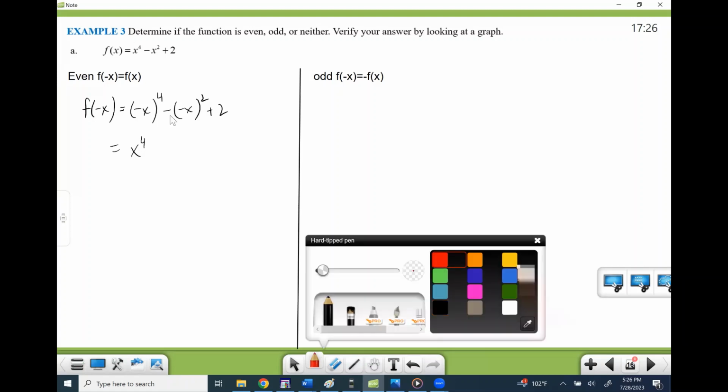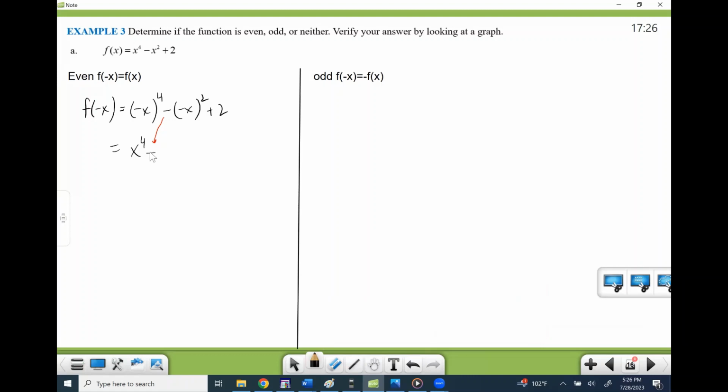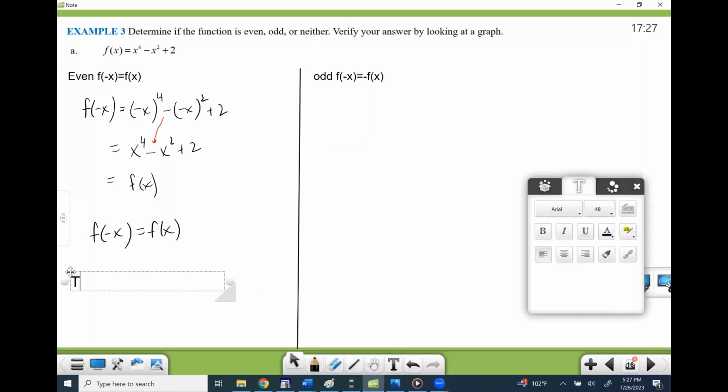I'm going to bring down this negative sign. And then a negative raised to an even is going to be a positive again. And this is just the original, right? This is f of x. It totally matches. So we can say that f of negative x matched f of x. So that means that this is an even function.